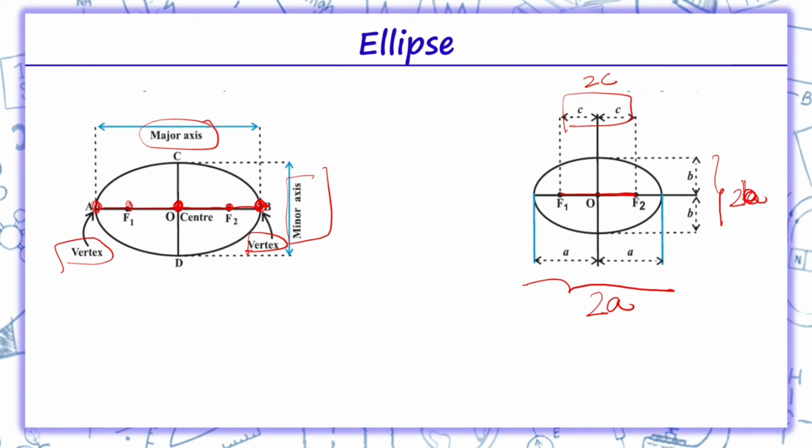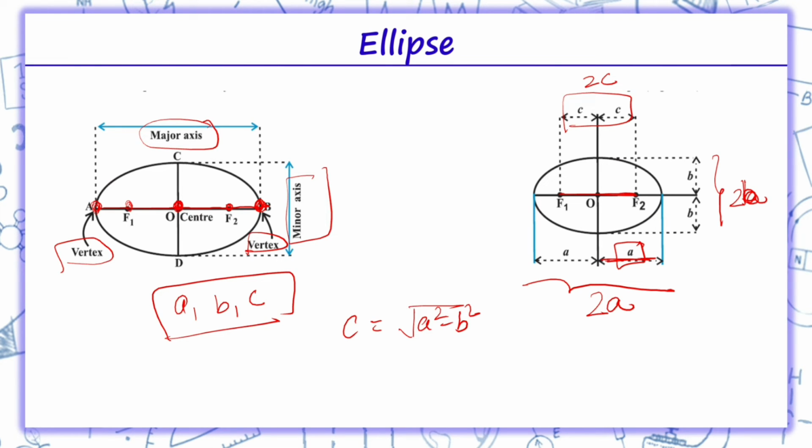So the semi-major axis is a and the semi-minor axis is b. There is a relation between a, b and c, that is, between the semi-major axis, semi-minor axis and the distance of the focus from the center of the ellipse. The relation is c equals the square root of a square minus b square.